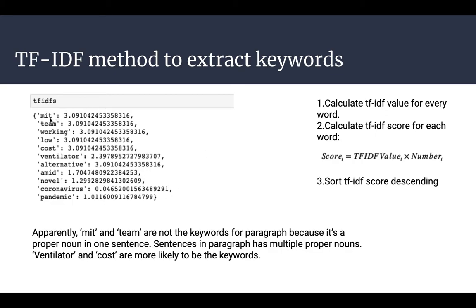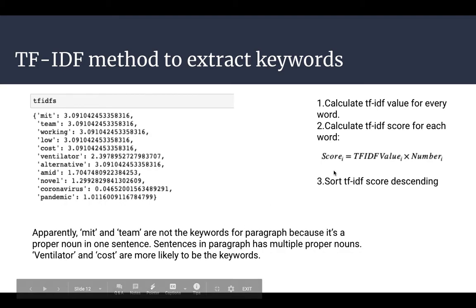Here we got that the words with the highest TF-IDF score are MIT and team. However, they are not keywords in my personal judgment because they are proper nouns in one sentence. From my perspective, ventilator and cost are more likely to be the keywords.